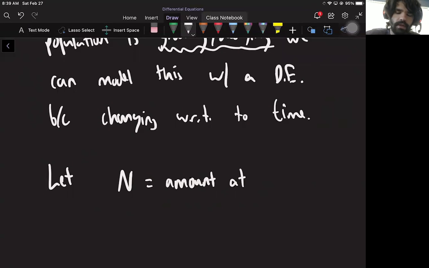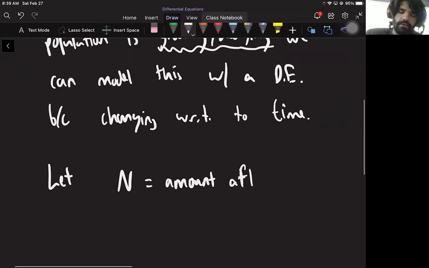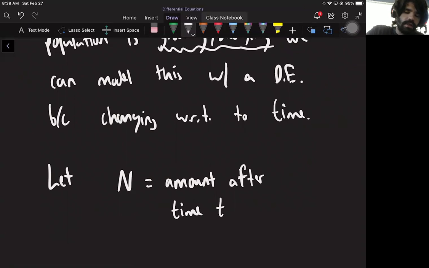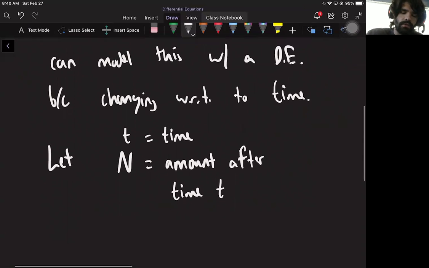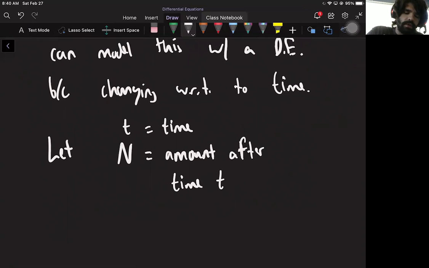But it's really the amount after some time. So it's dependent on time. And I guess I should say that time we'll call little t. And so in the differential equation you'll write n, but it's really a function of time. So you should really know that it's the same as that.